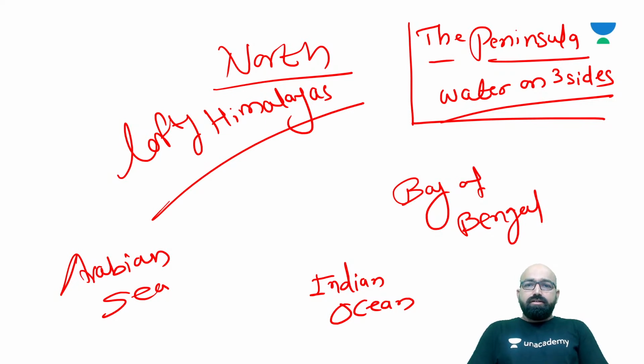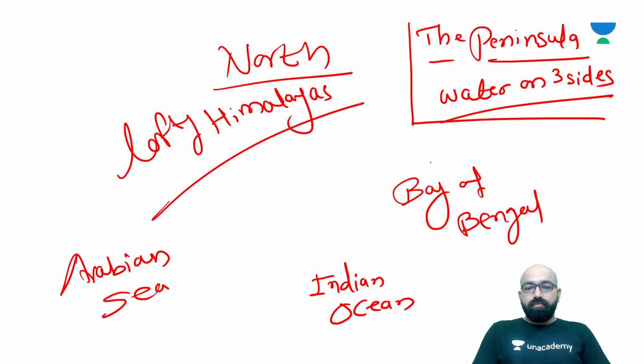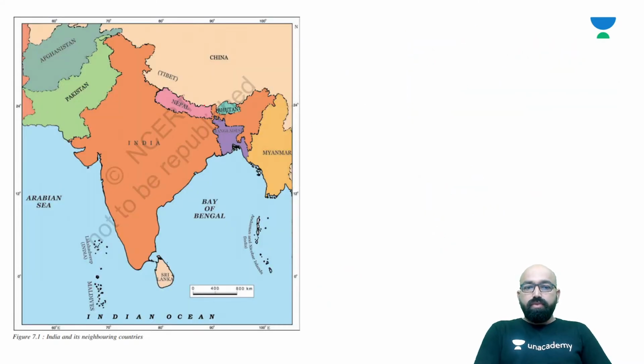So friends, basically India has an area of about 3.28 million square kilometers. The north-south extent from Kashmir to Kanyakumari is around 3,200 kilometers.